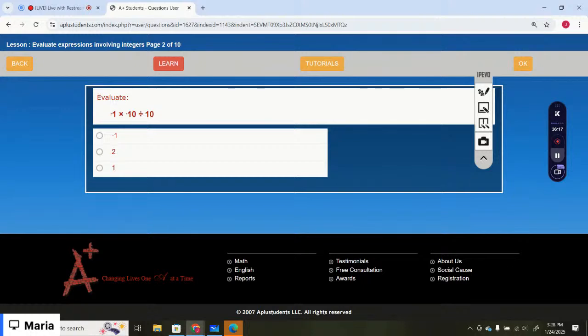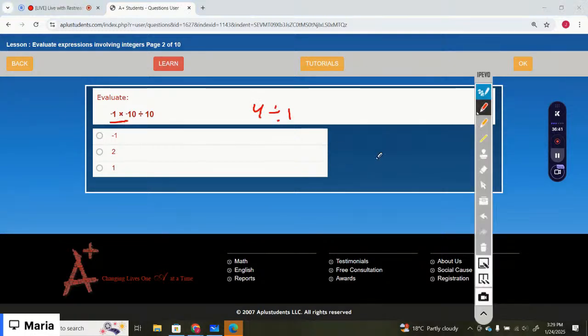Negative 1 times negative 10 divided by 10. So which is the correct option? Multiplication and division are on the same level, right? But you have to go from left to right. So you have to multiply first and then you have to divide. Negative 1 times negative 10 is 10.